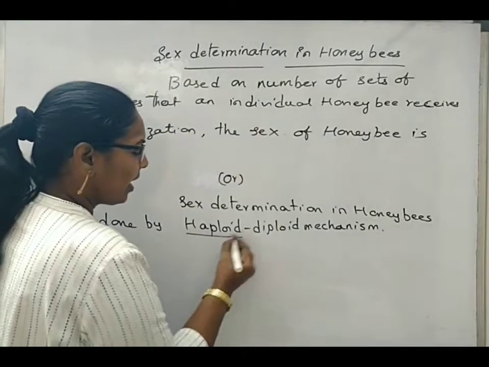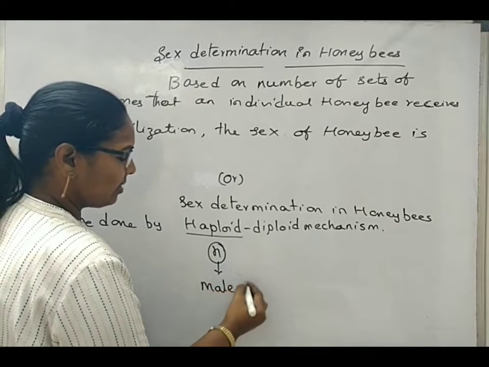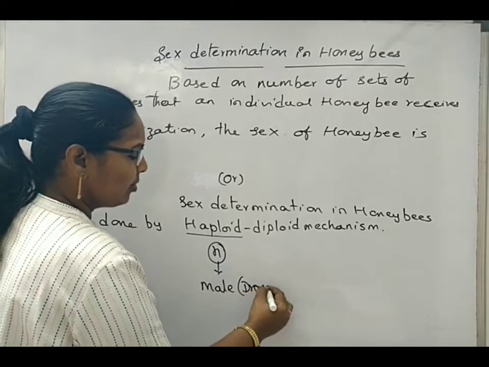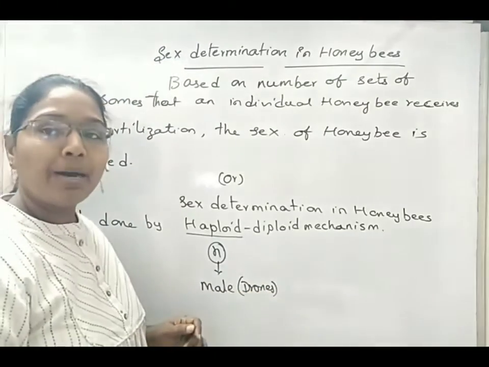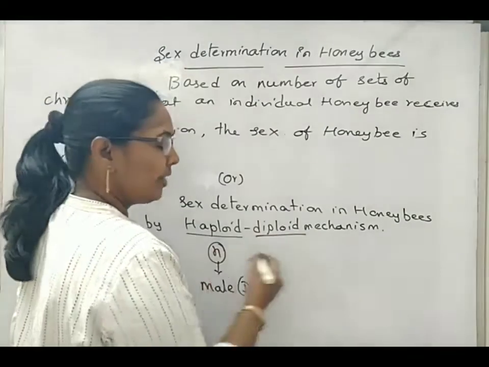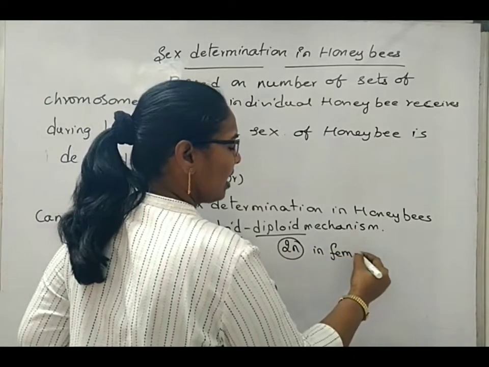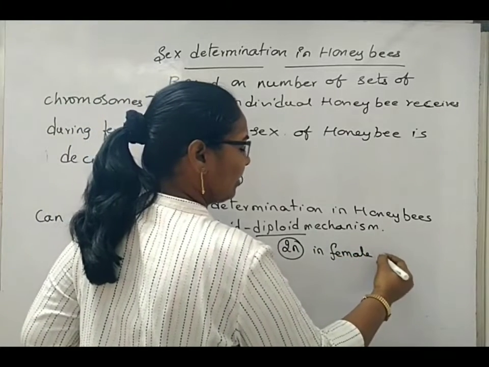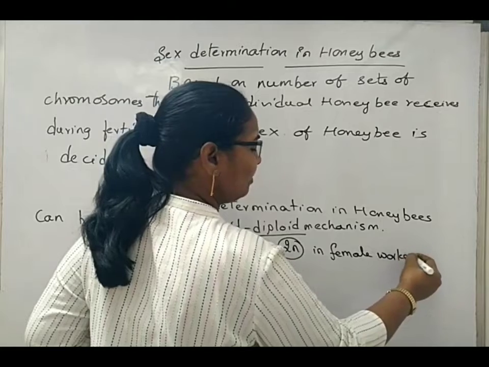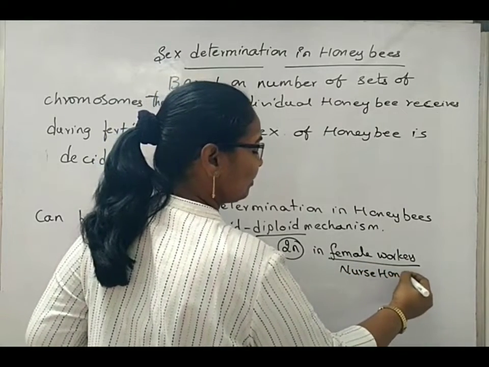Haploid number of chromosomes is seen in male honeybees, which are also called drones, which are formed by parthenogenesis, means without fertilization. Diploid condition we can see in female honeybees, female workers or nurse honeybees.